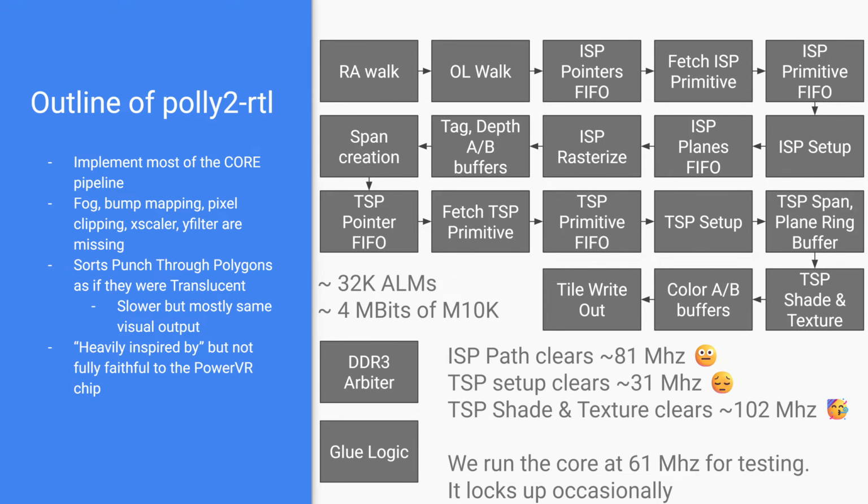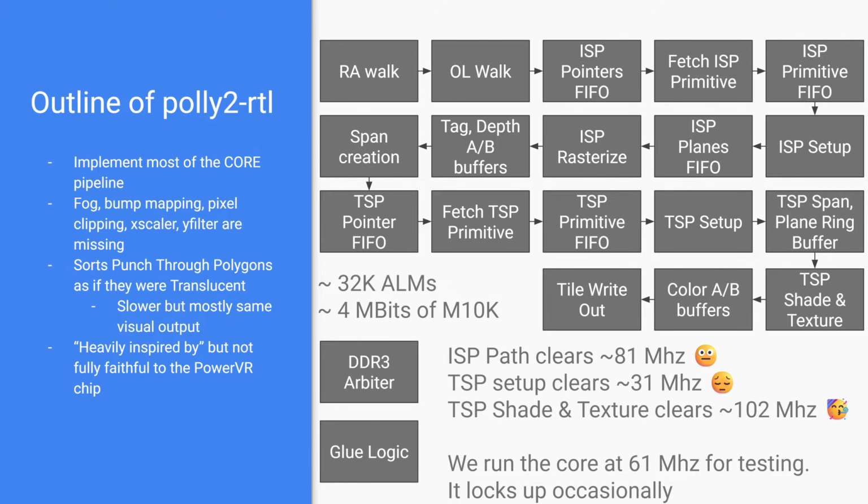There are some limitations and some optimizations that can be done there. We also don't do span sorting. Instead, we have much larger texture caches than what the hardware has. Then there are 2 FIFOs. The span creation finds out which primitives exist in this tile after, because some of them have been hidden.